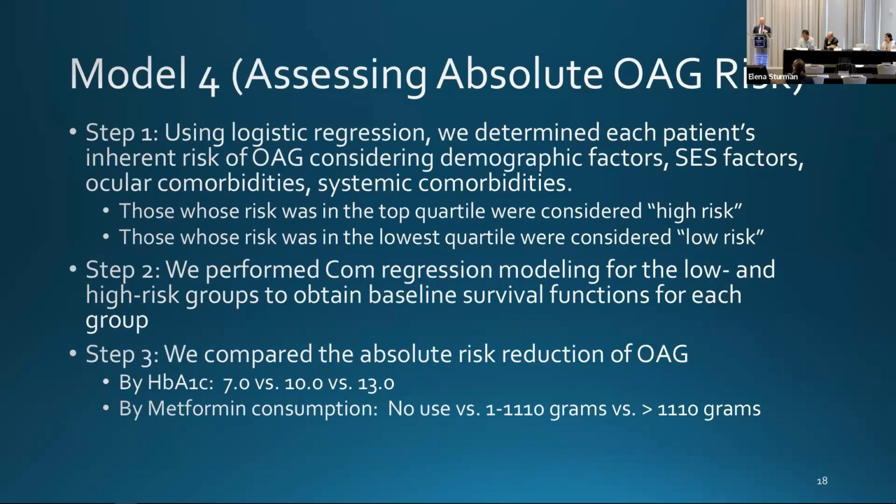And we rated everyone as in one of 4 quartiles. Then we looked at the highest risk and the lowest risk quartile. We then did a Cox regression model to determine the survival functions for the low and high risk individuals. And then we compared the risk reduction for patients stratified by hemoglobin A1C and by metformin consumption.